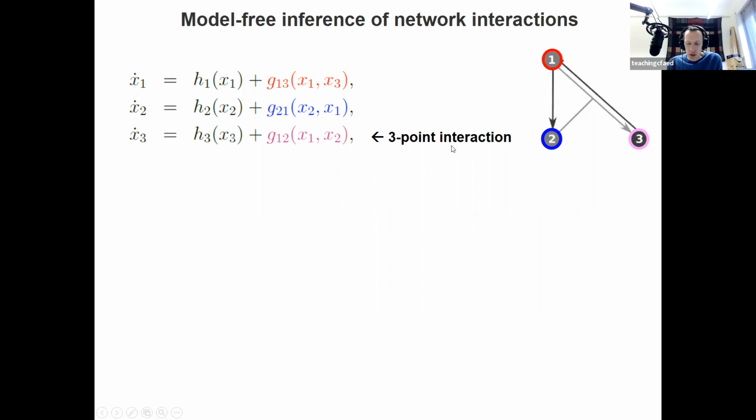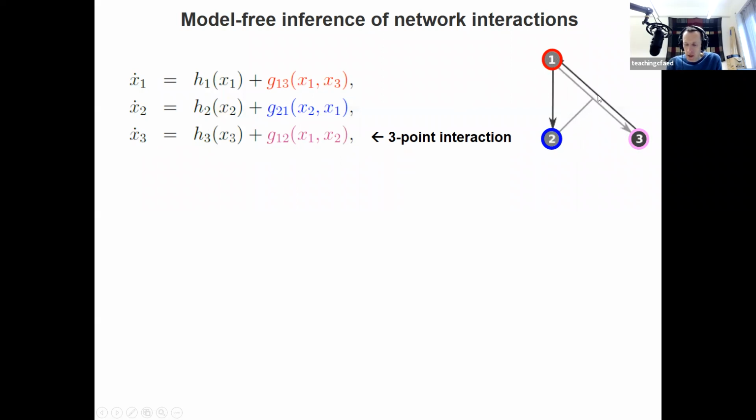And there's a third one which formally looks the same, but it's not if you take care. If you write it down mathematically, you would on first glance assume, okay, these all have the same form, so what should be different with unit number 3 or variable number 3? And if you closely watch, then this g12 does not depend on the variable it influences, does not depend on x3. So this is an actual 3-point interaction in the sense that node 1 jointly with 2, typically nonlinearly, influences node 3.